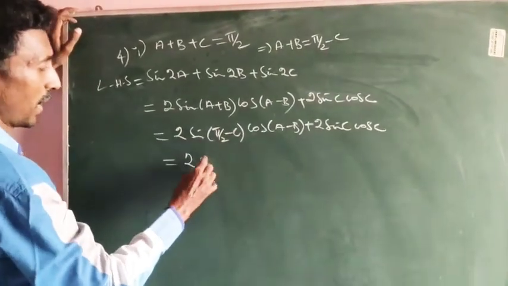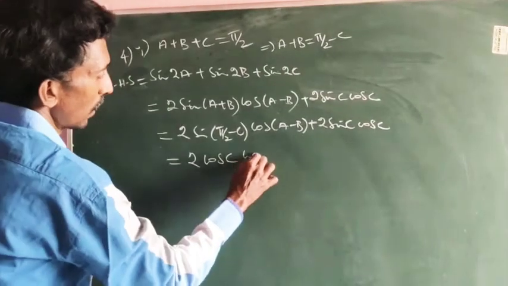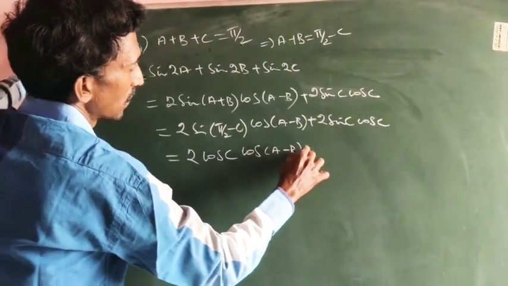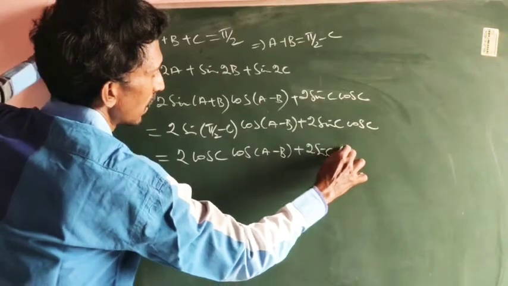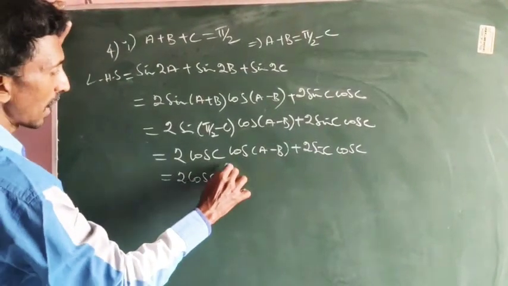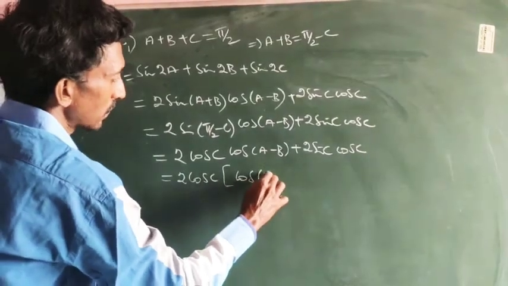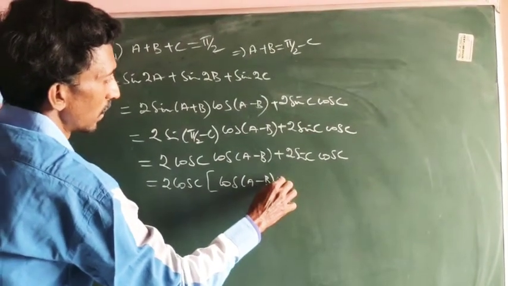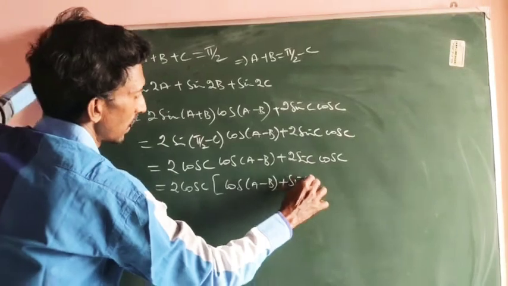So sin 90 minus theta is cos theta. So cos C into cos A minus B plus 2 sin C cos C. Take 2 cos C outside: 2 cos C into cos A minus B plus sin C.